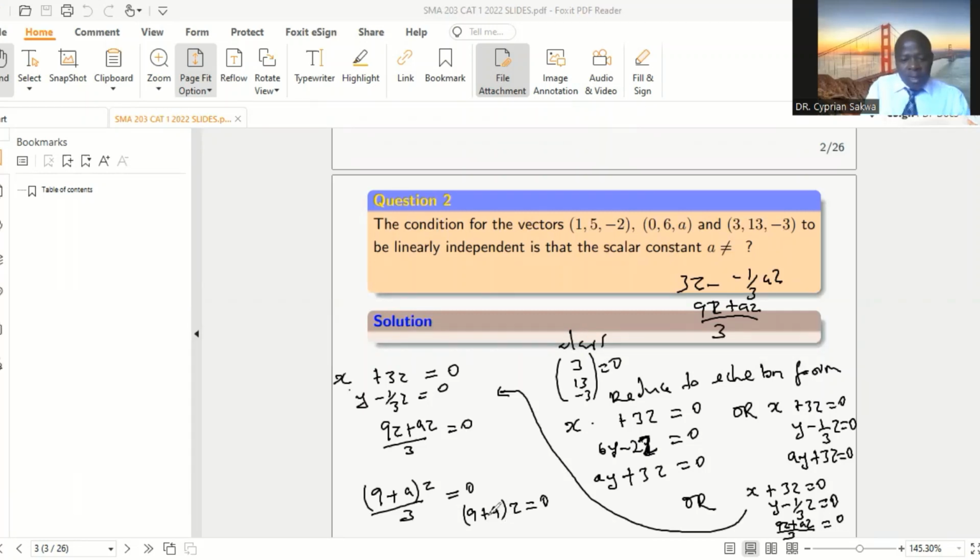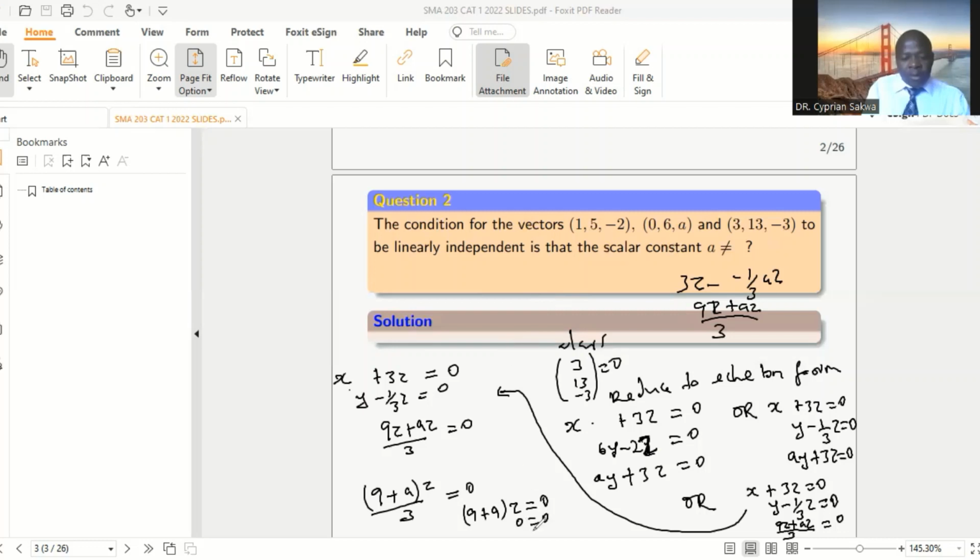So if a would be negative 9, we would have a 0 here, so we would have 0 is equal to 0. And 0 is equal to 0 would mean that the system would have infinitely many solutions. Of course, this system has a solution. So if 0 is equal to 0, then it will have infinitely many solutions.